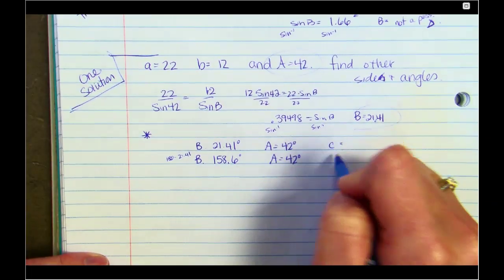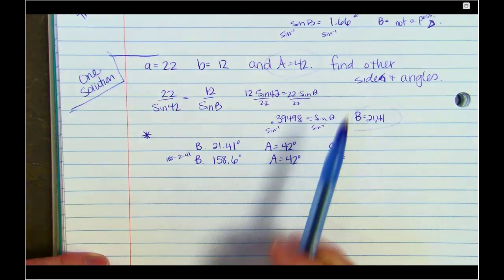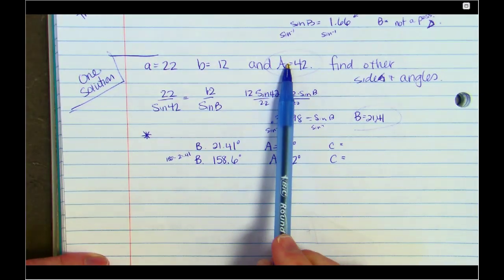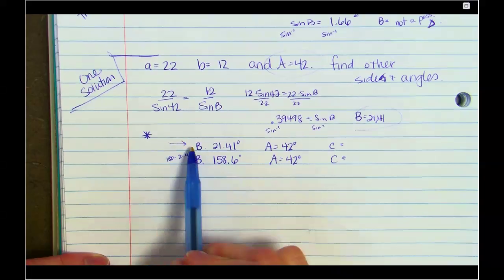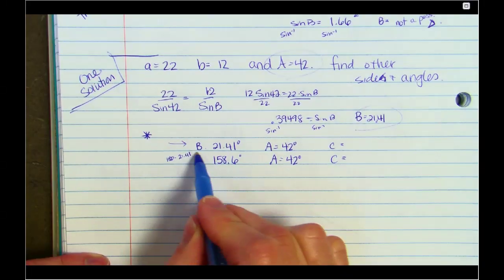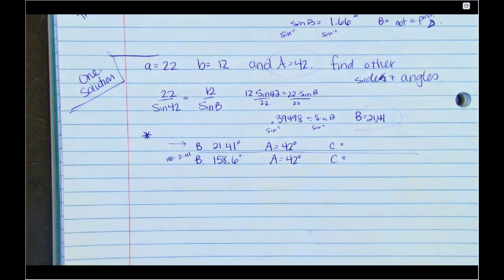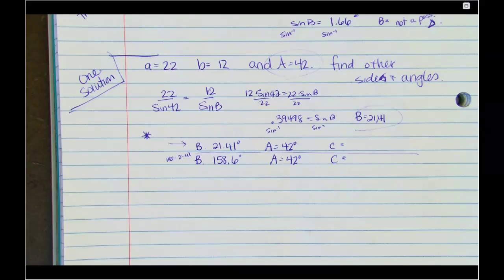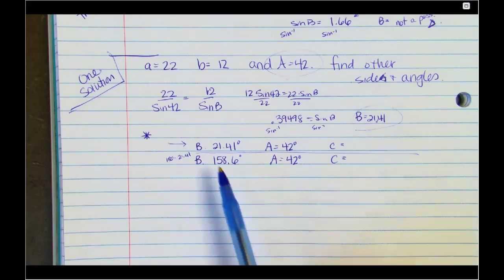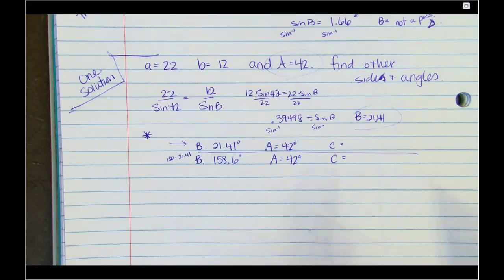And so we've got to find angle C. By the way, I know that angle A is 42 because that was given to us in our problem. So first triangle up here, please find C. What do we know about all the angles in the triangle? They add up to 180. So we've got B and A, and you can figure out what C is.